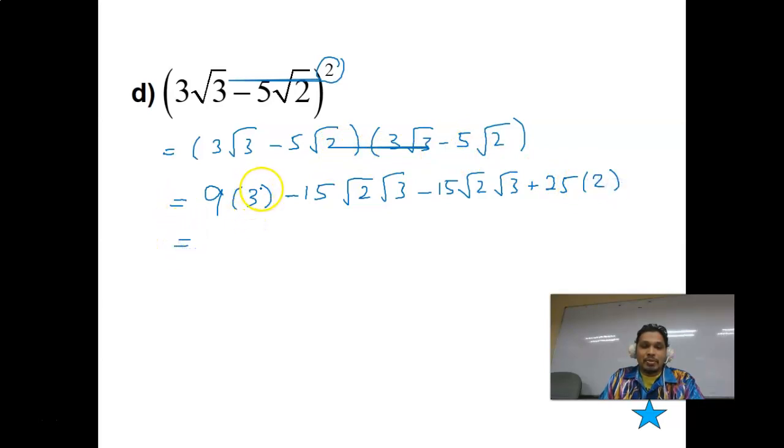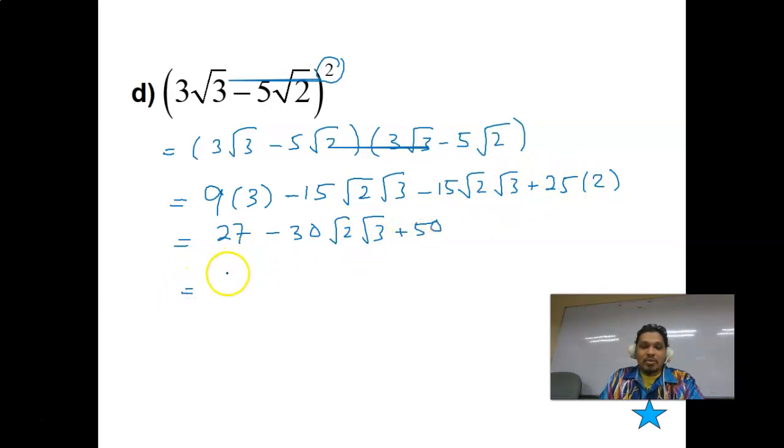So 9 times 3 equals 27. Negative 15 plus negative 15, minus 30 square root of 2 square root of 3. 25 times 2 equals 50.